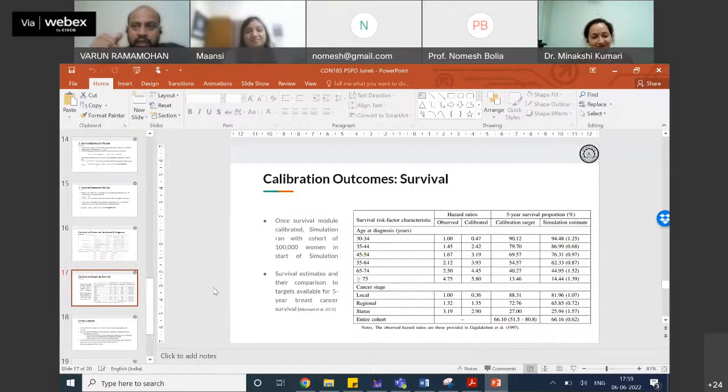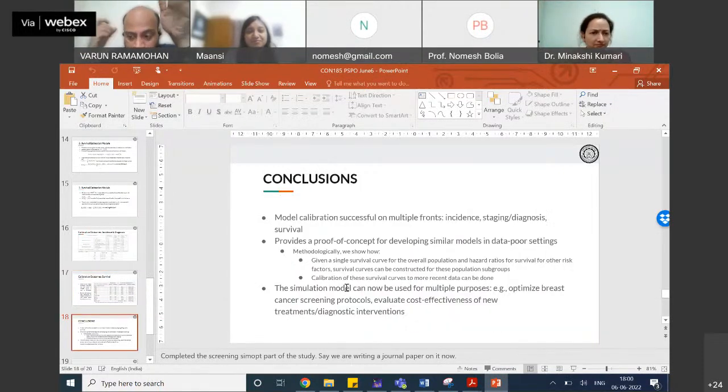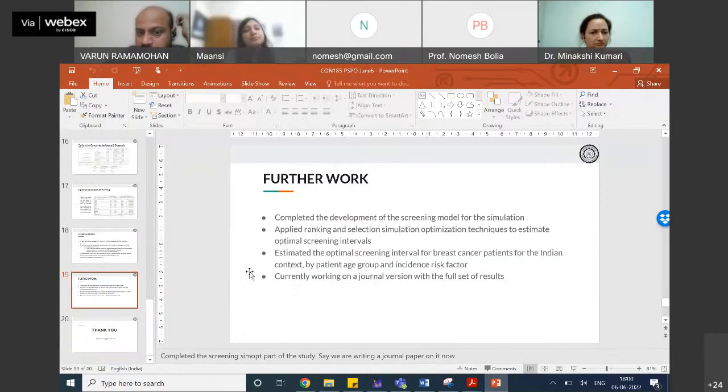Thank you. One other thing I'd like to mention, because we're on the subject: I have not presented this here because that work has not yet been published, but we actually have those results around the optimization part as well, where we applied ranking and selection simulation optimization techniques to figure out the optimal staining interval using the simulation.